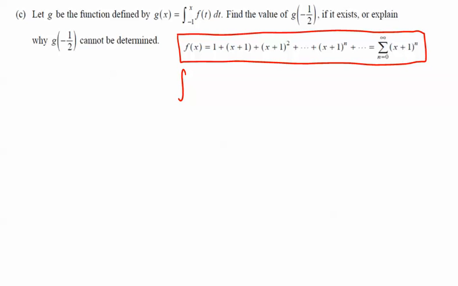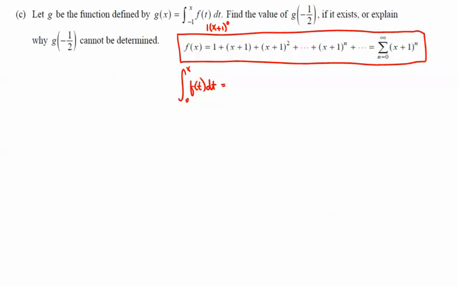The next thing that should trip us up: in order for this to really work, we should have the integral from 0 to x of f of t dt. That's the proper way to write the term-by-term integration. Now, the first term 1 would really be 1 times (x plus 1) to the 0 power.